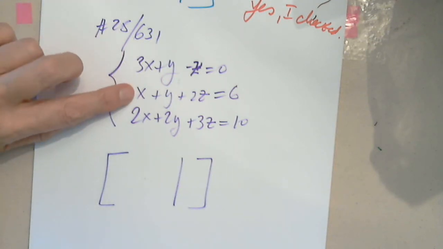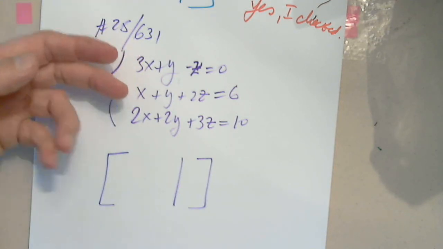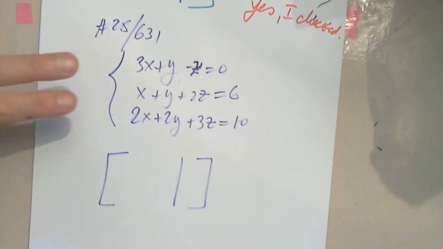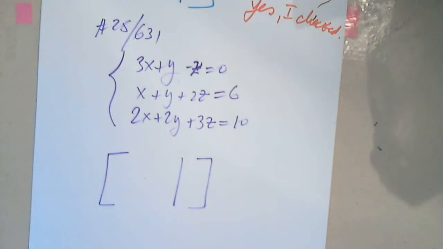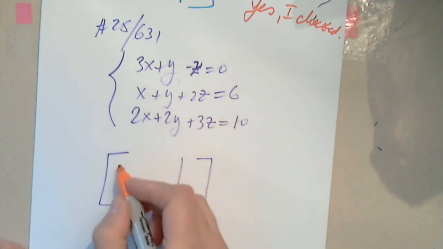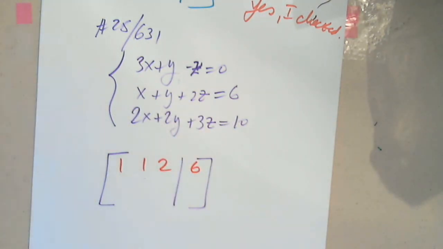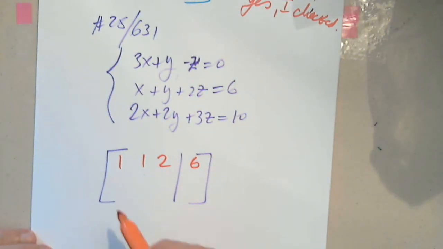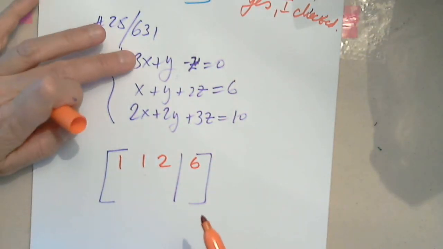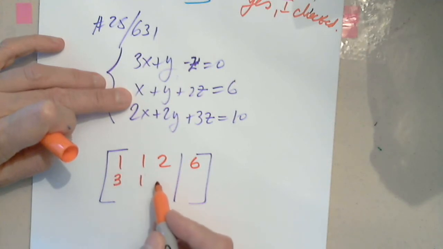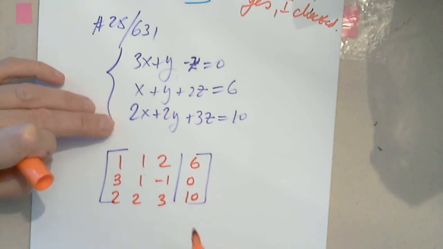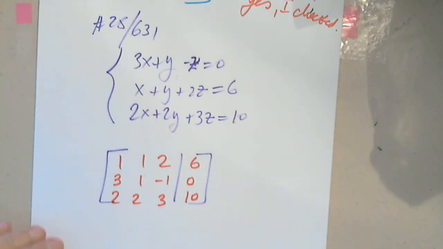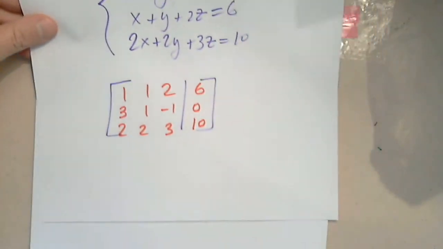I can swap these two, because the order doesn't change the solution, so I already have the 1 here. I'm going to put 1, 1, 2, 6 first. Who cares which order we put them in? But for us, it's important to have the 1 already. Then 3, 1, -1, 0, and then 2, 2, 3, 10. I saved some time.